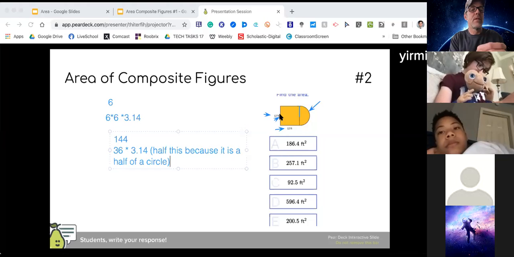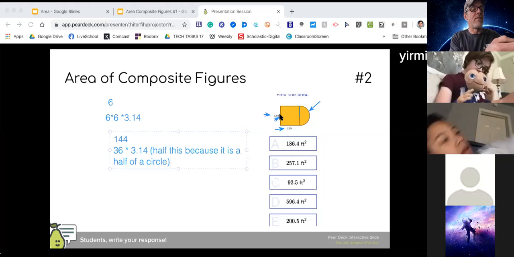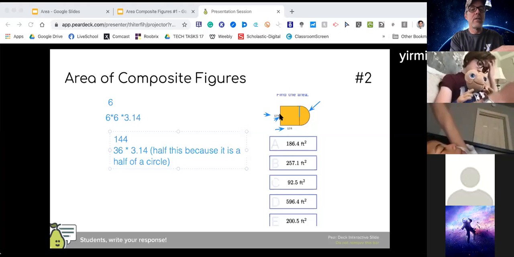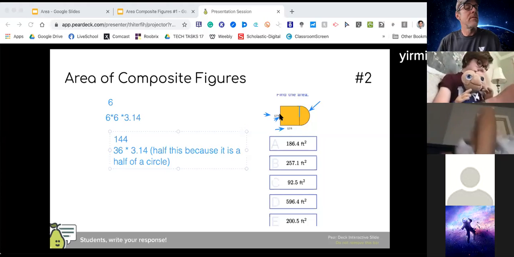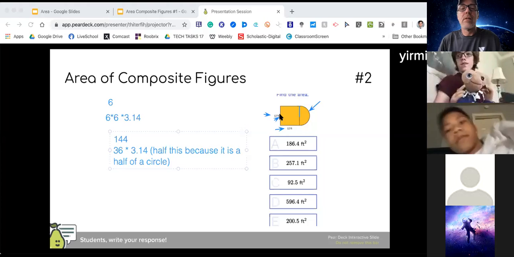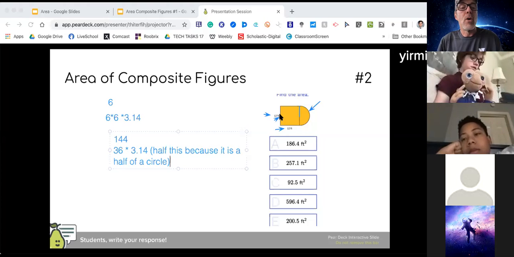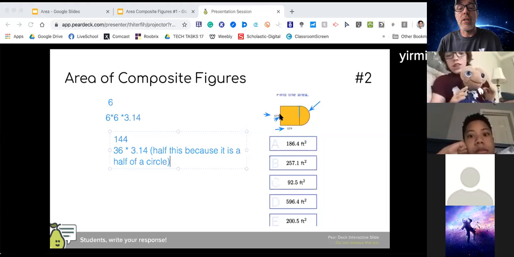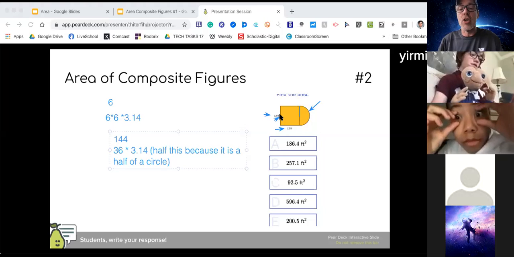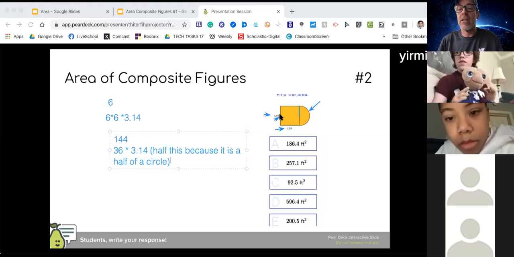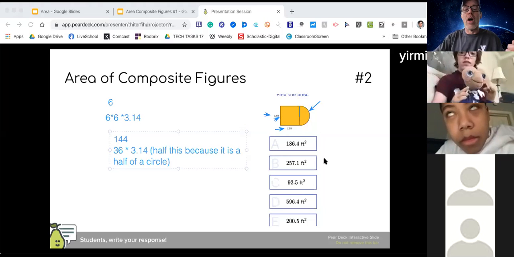That's 56.52 plus 144. So you should have gotten that it's 200.52 square feet. So the answer was E.